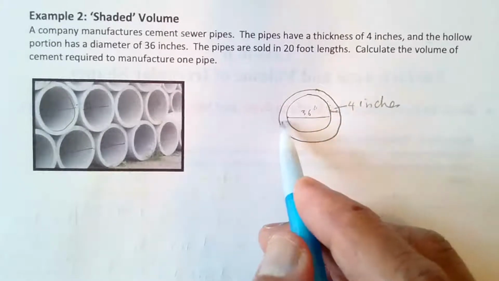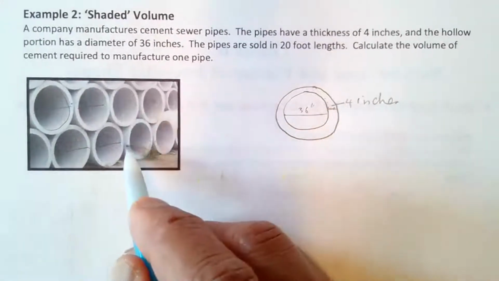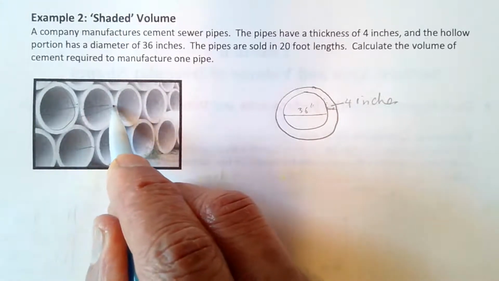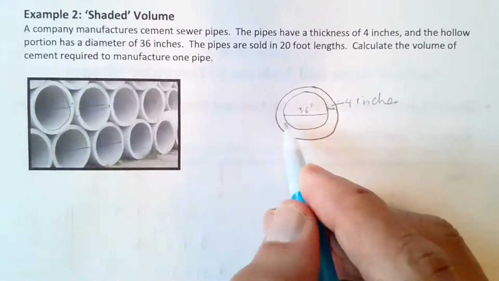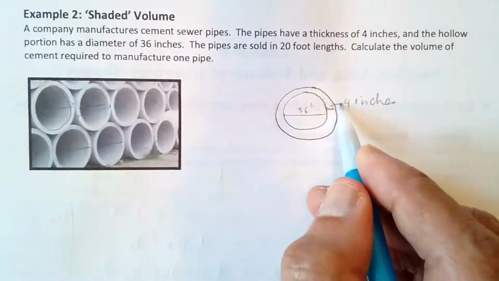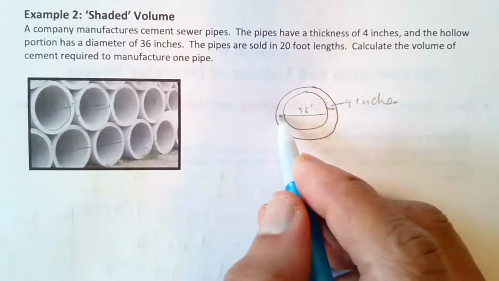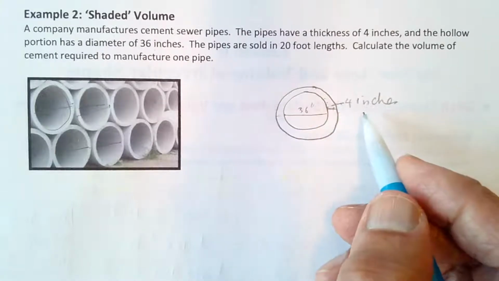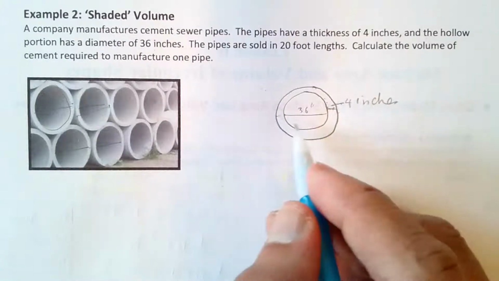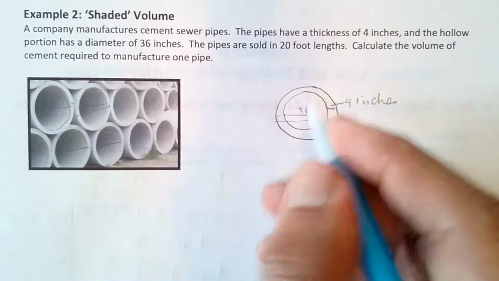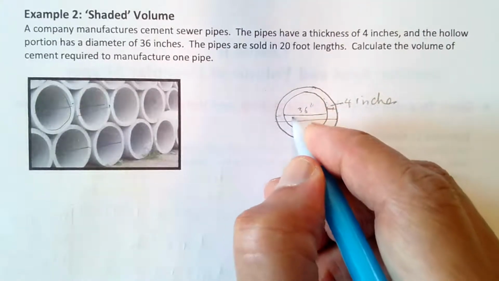The other one is the outer edge. It's 4 inches to the right and 4 inches to the left, so the total is 44. From one end to the other, the longest part, would be 44.